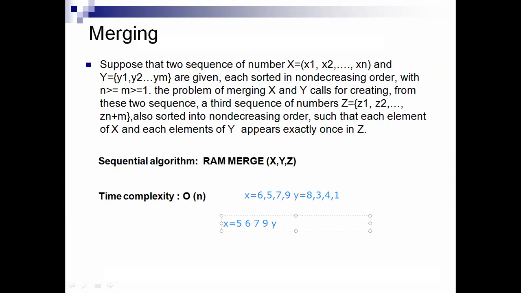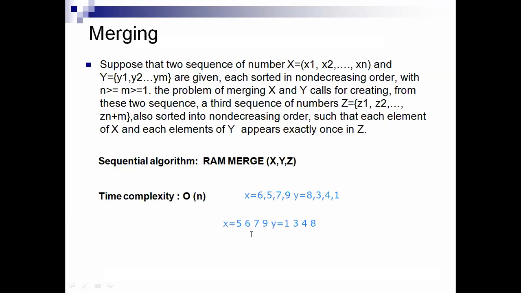Then by using some sorting technique, I sort the y elements: 1, 3, 4, 8. Okay, so these are my elements. Here each is sorted in non-decreasing order, from low to high. So both are sorted by using some sorting techniques.